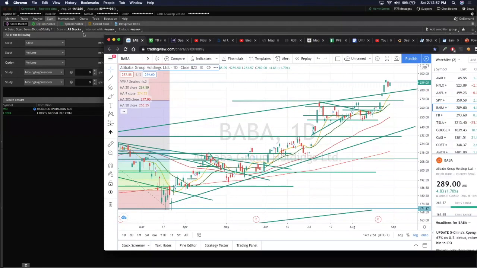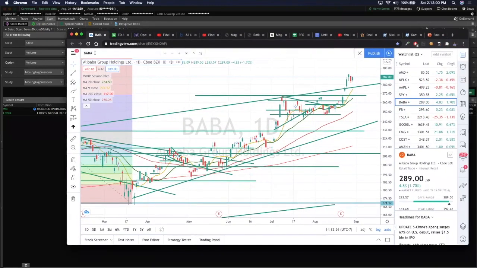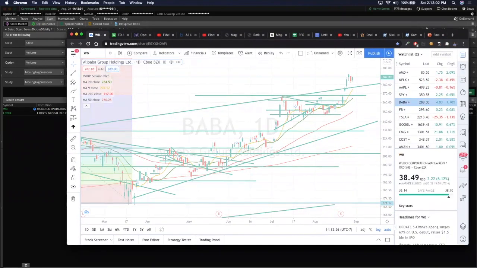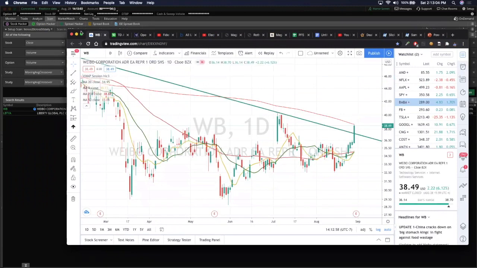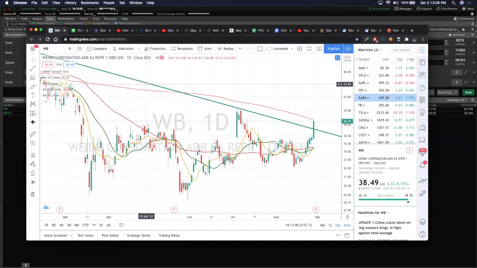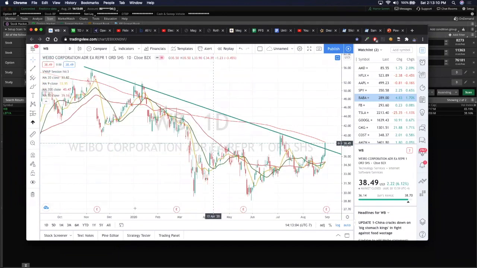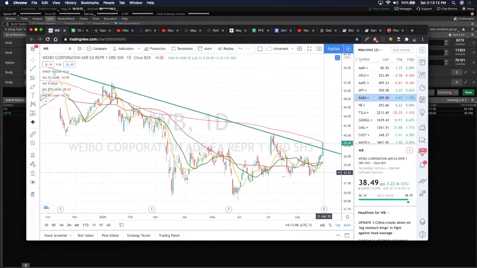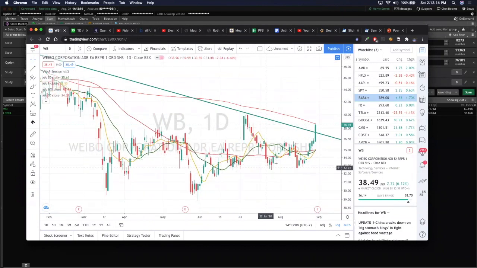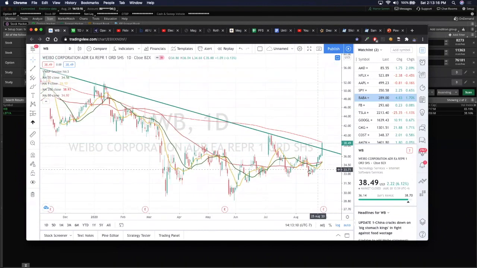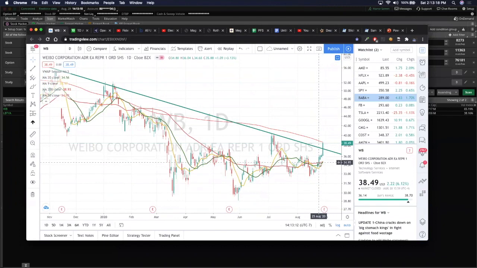So WB and LBTYA. If I put in WB first, you guys are able to see thinkorswim TradingView right now. Yes. So if I see here, see this 9-day moving average: this yellow is my 9-day, the green is 20-day, and the red is 50-day.